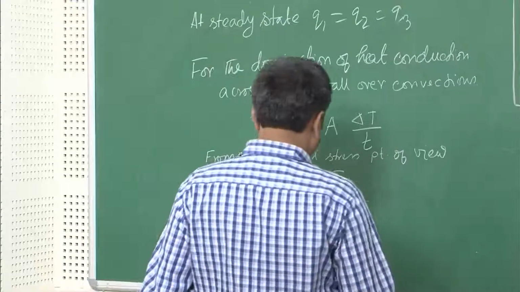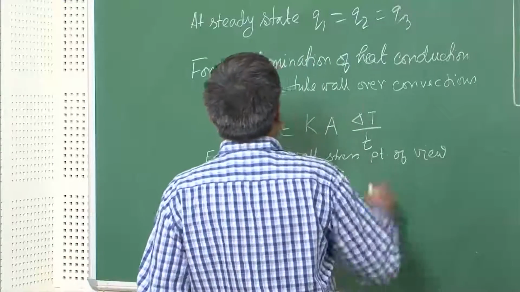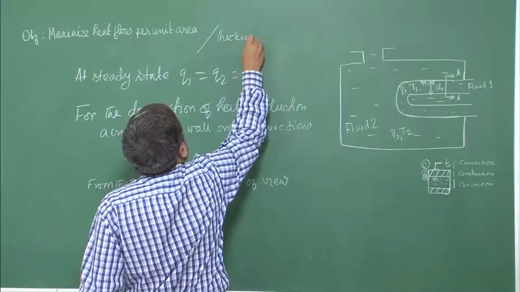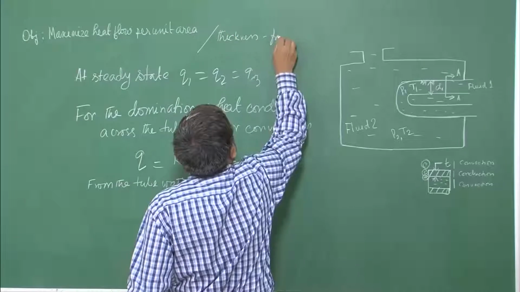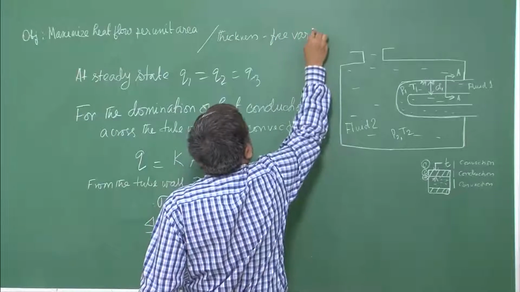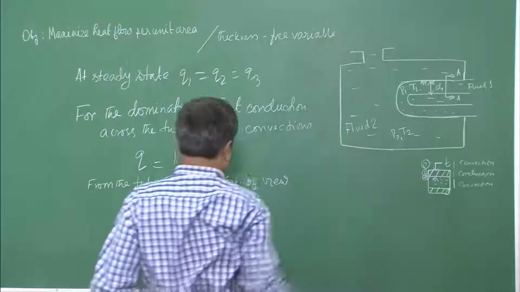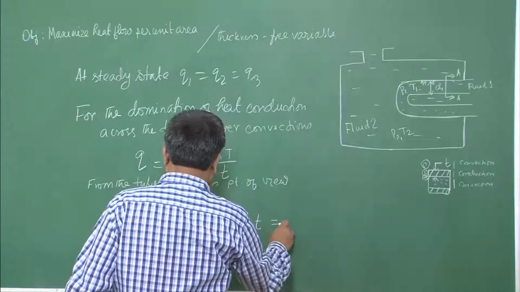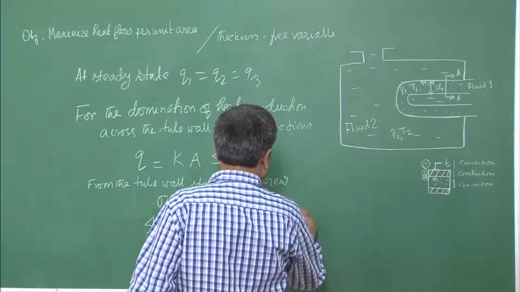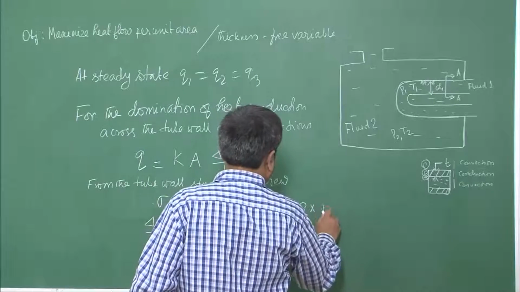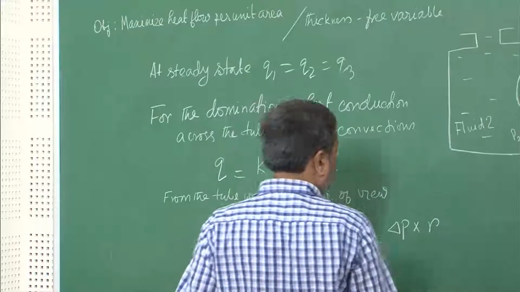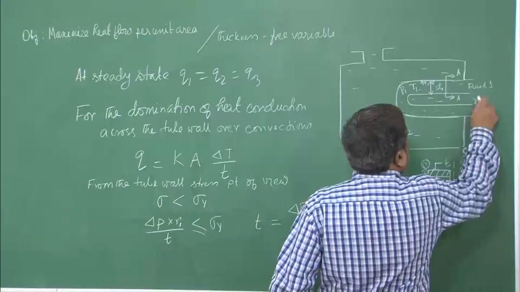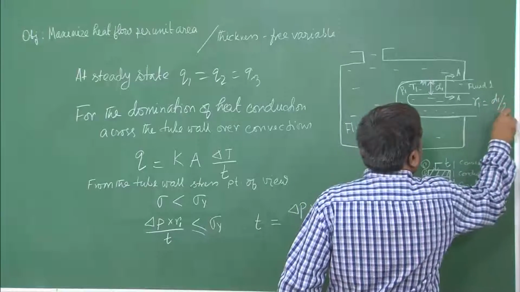In fact, keeping thickness as the free variable here, I can write that T equals delta P times R, or let us call it R1, equals d1 by 2.